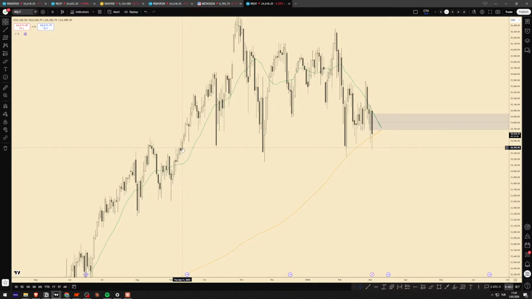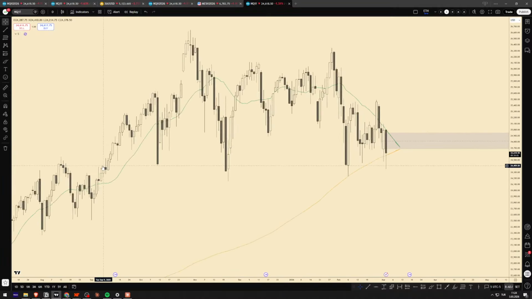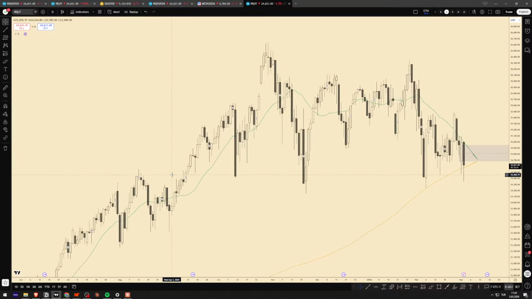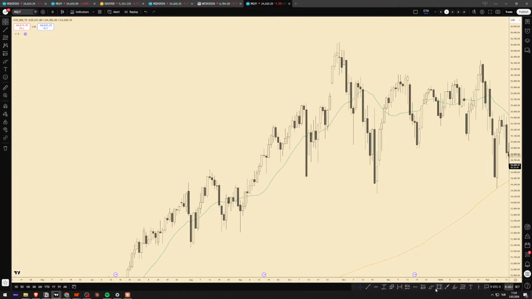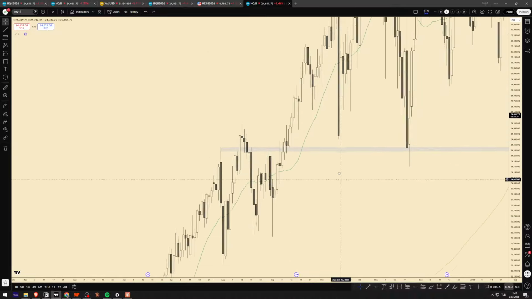Price was here in August, and right after the first weeks of September, price broke above this range, right? And above this range, right above these levels, maybe I can take this range from here. I just want to take multiple highs, right?